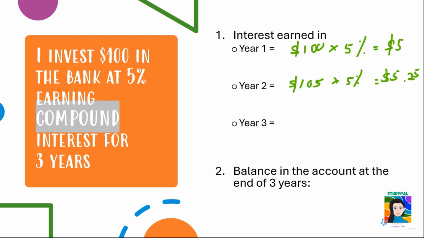Year 3 will be the sum again. So 105 plus 5.25. So that's going to be $110.25 times 5%. Which will be $5.5125.